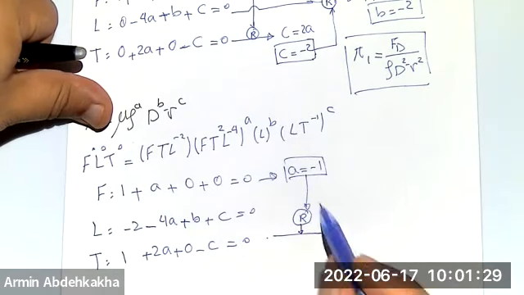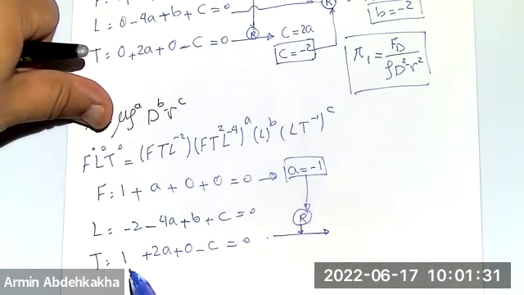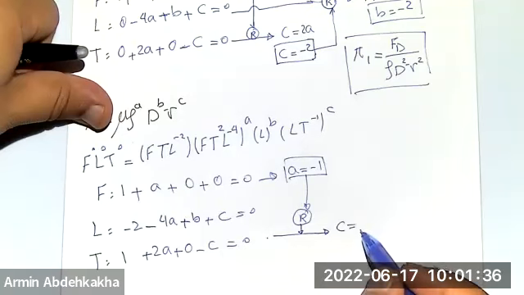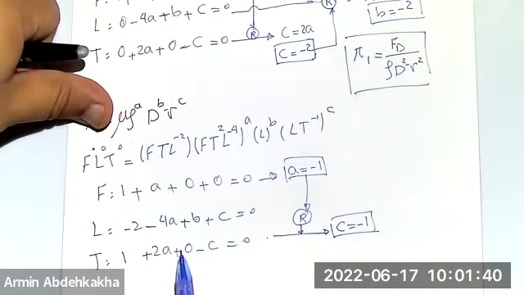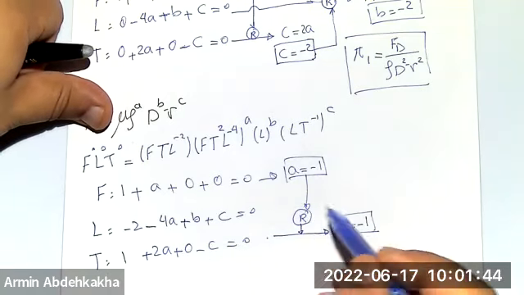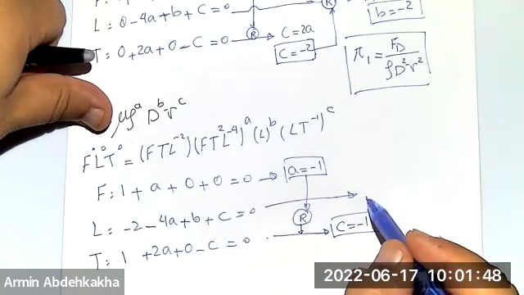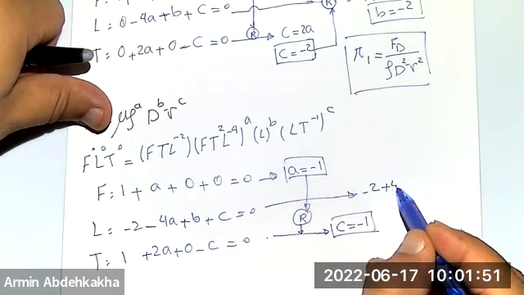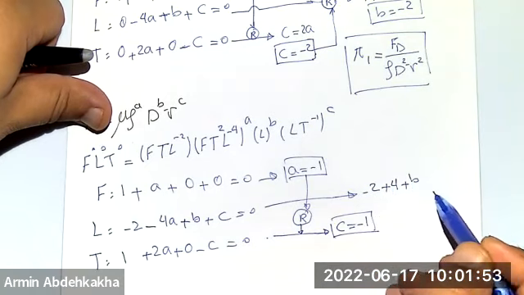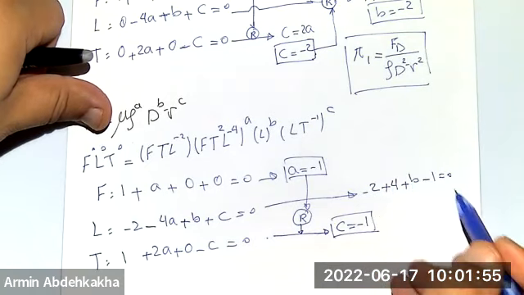And minus 1, minus 2, plus 1, minus 1, c is going to be minus 1, right? So from here also we have minus 2 plus 4 plus b minus 1 equal to 0.